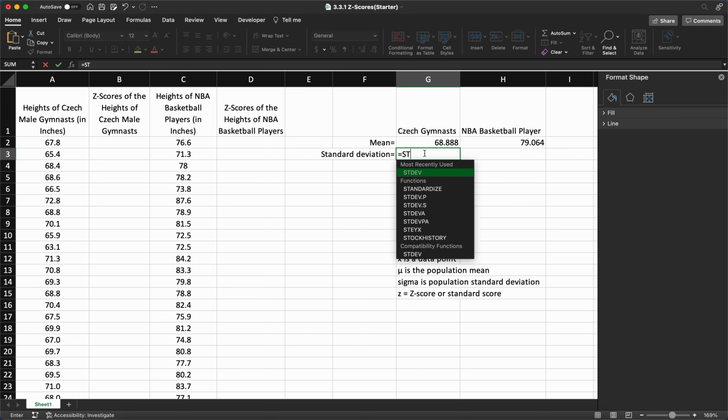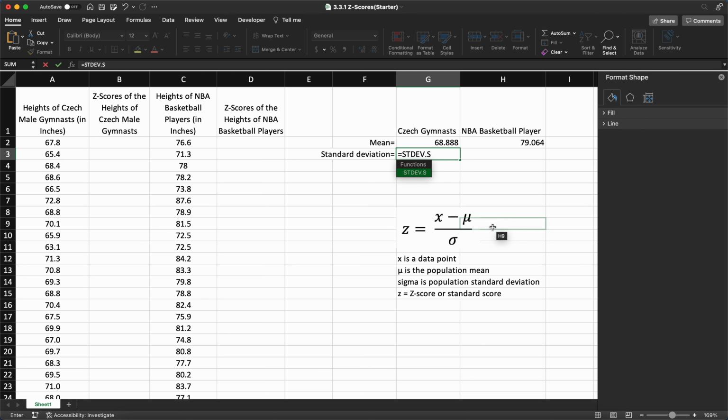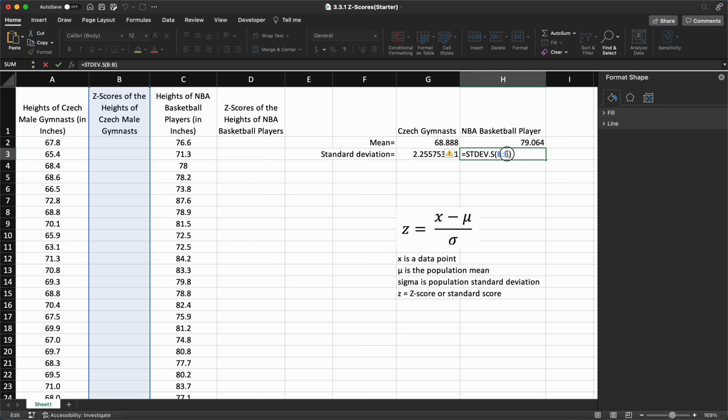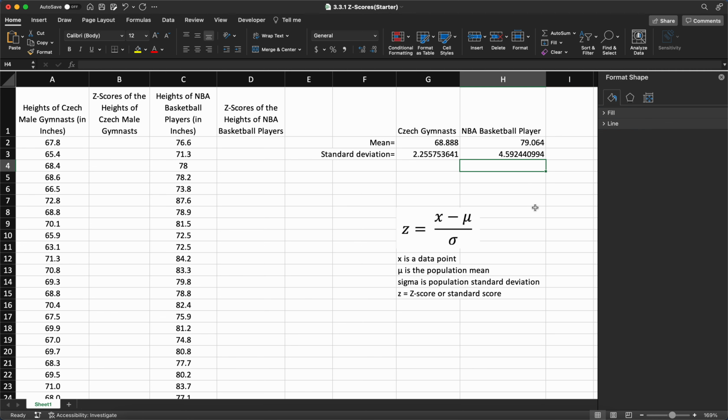This is actually a sample. I know I used population mean and population standard deviation, but we're going to use the sample mean and then say this is representative of the larger population. So we're going to find the standard deviation of both of these data sets. All right.